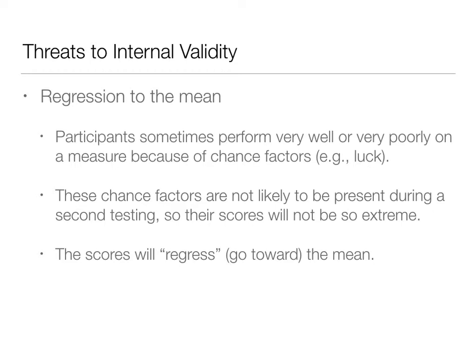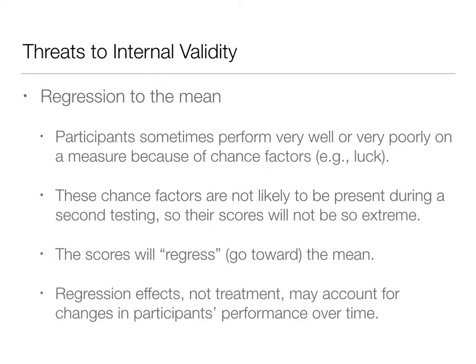Very rarely do you see extreme scores repeatedly. So if you have pretest scores that are really, really high, it's more likely that they're going to go closer to an average, closer to a mean. And so when we look at our post-test scores and they're lower, as in those first two examples, is it our manipulation of the independent variable, or is it just that we had extreme scores to begin with, and these have regressed towards the mean?